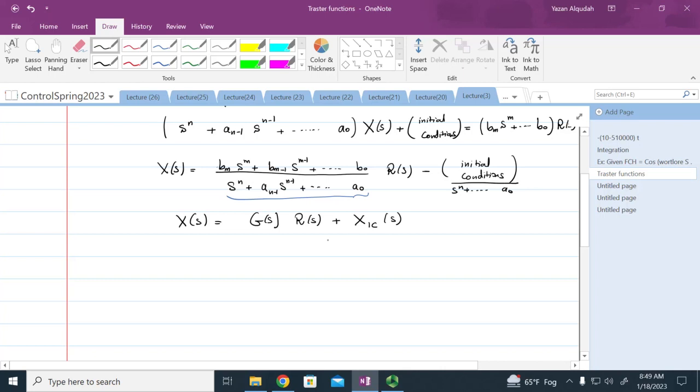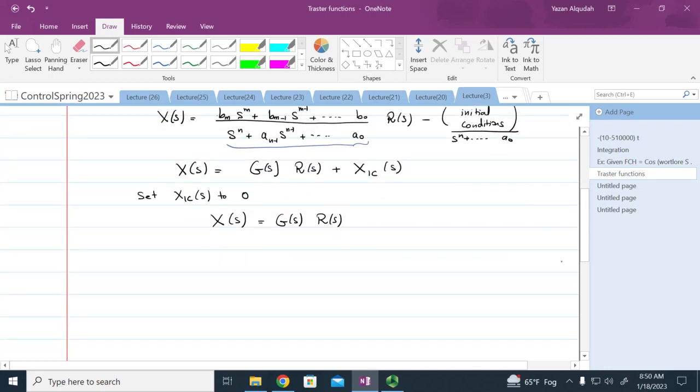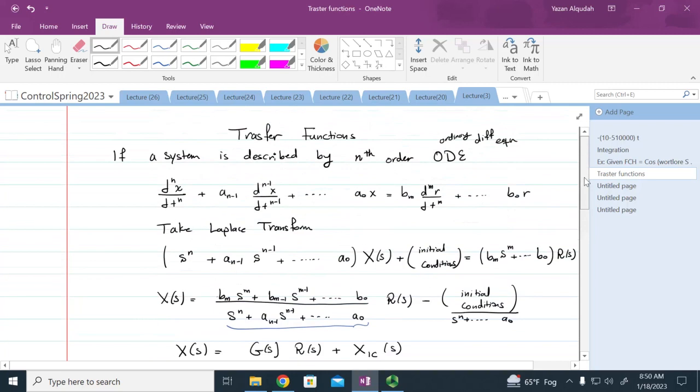Then I'm going to set the initial conditions to 0. Therefore, I'm going to have x of s equal g of s multiplied by r of s. What do we call g of s? The transfer function.